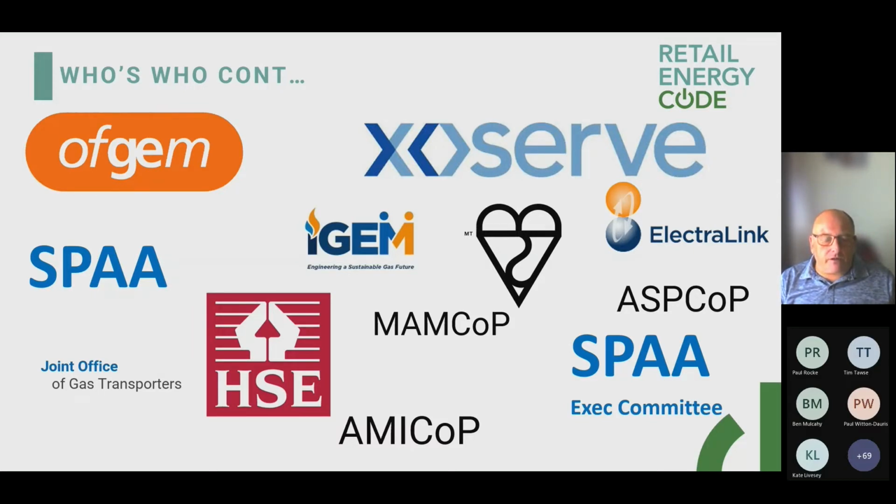In effect, the only thing that the RGMA stated, and that the MAMCOP and the AMICOP stated, was that you had to comply with the format, which basically says that anything you send to ExaServe or to other parties has to be in a certain format and has to contain certain data. What it didn't stipulate was that it had to be transmitted in a certain way.